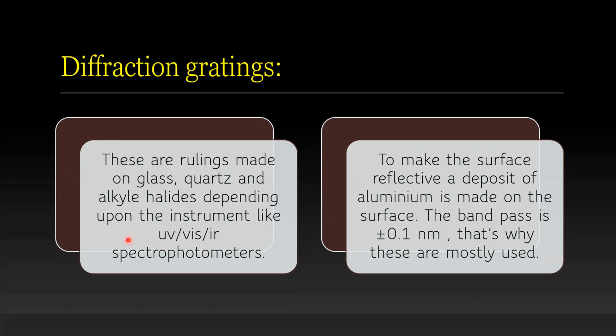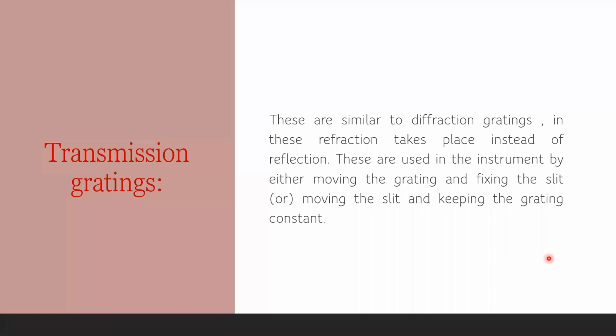Most commonly in sophisticated instruments, they are made of quartz, because there is no interaction of materials with the quartz. That's why it is most commonly used in these diffraction gratings. To make the surface reflective, a deposit of aluminum is made on the surface, and the band pass is plus or minus 0.1 nanometers. That's why these are mostly used.